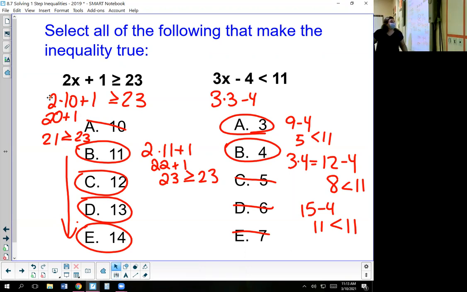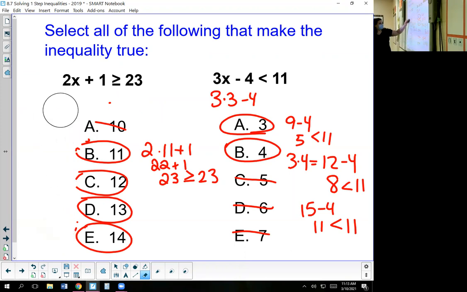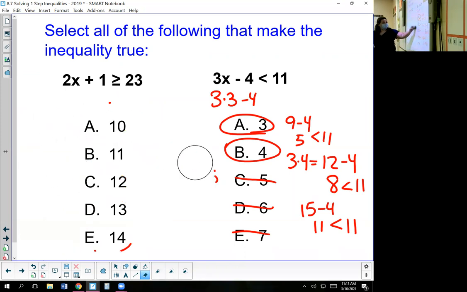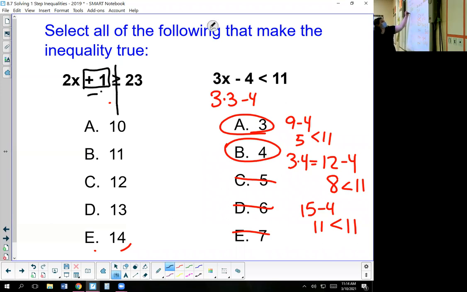The other way you could do this problem, instead of plugging it in like I did, I'll go back to this one just to show you. You can solve it like you solve an equation. First step, get rid of addition or subtraction. Minus 1, minus 1. 2x is greater than or equal to 22.